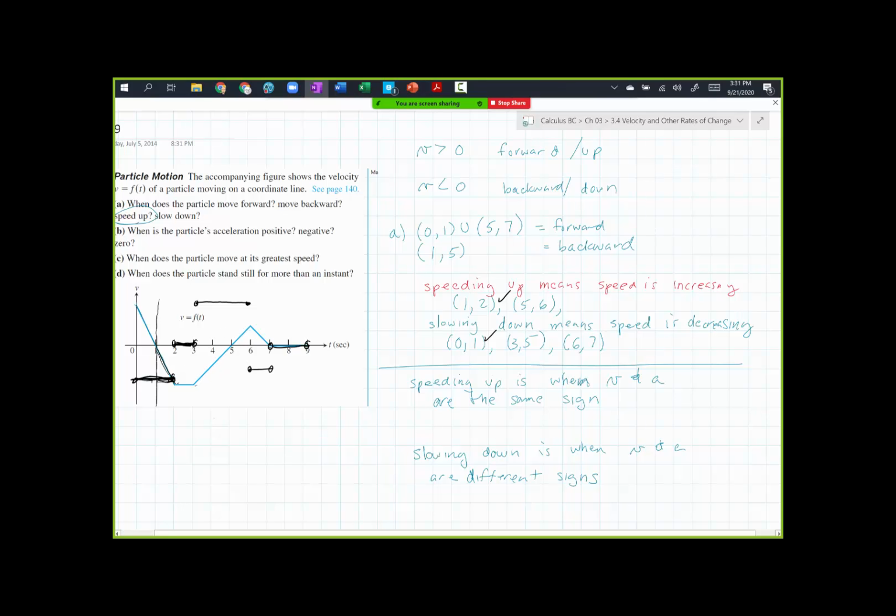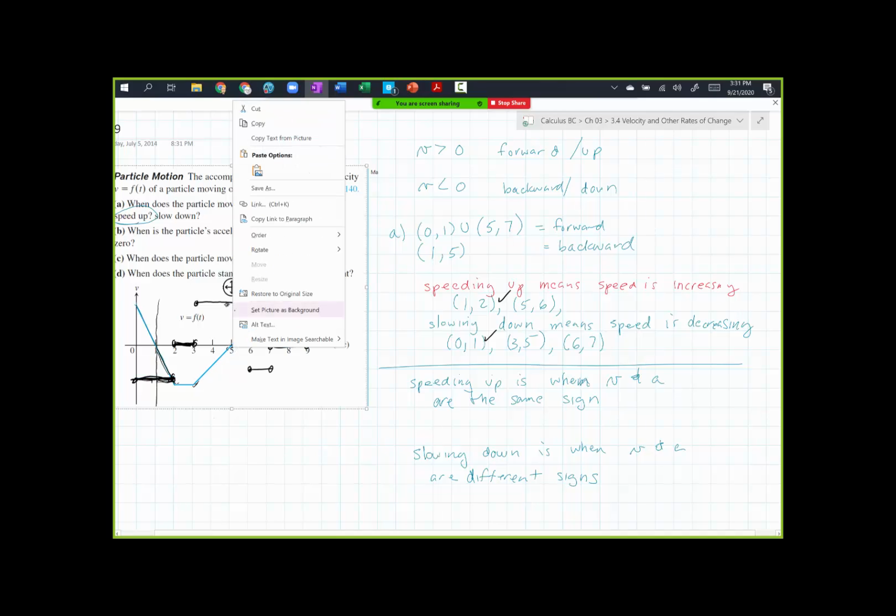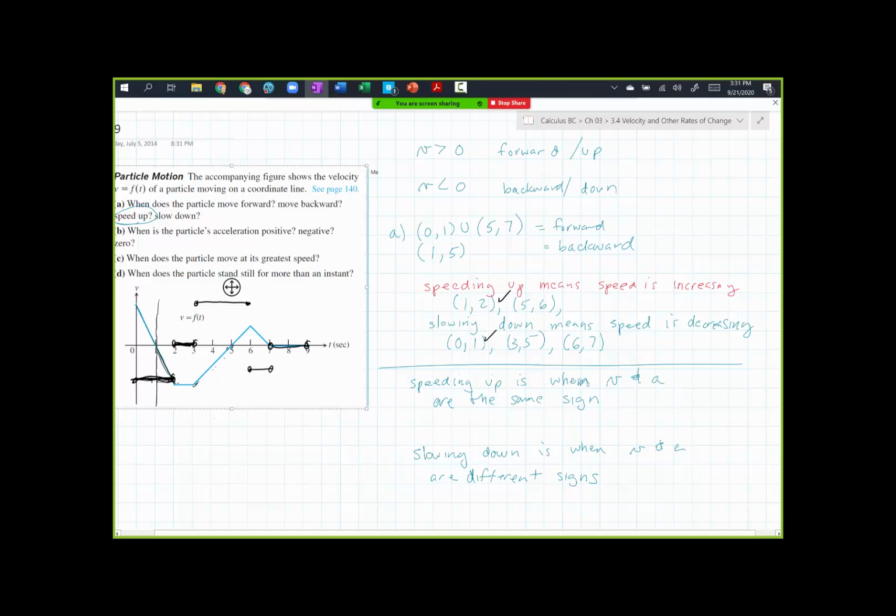From 3 to 5, negative velocity, positive acceleration. That's another slowing down. From 5 to 6 they're on the same side, so that's speeding up. And from 6 to 7, I've got positive velocity, negative acceleration, so slowing down. You can use either one of those strategies to answer the question about speeding up or slowing down.